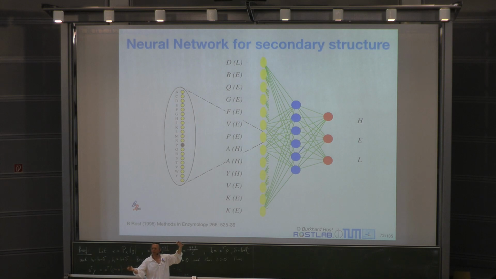There's something else, right? And that is what we need the 21st unit for. So the input space here is 13 times 21. Okay? The output is very clear. Helix, strand, other. And in between I have the hidden units.